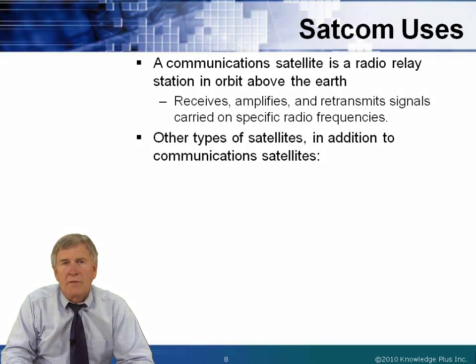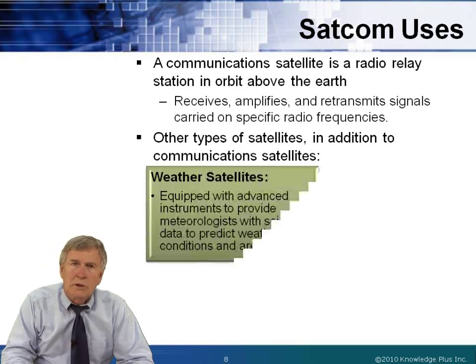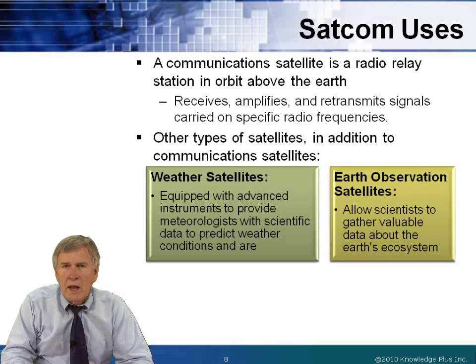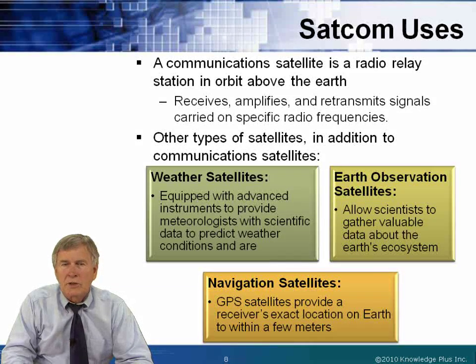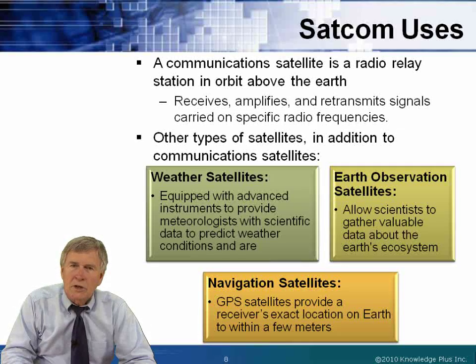So it's just a relay device, a very expensive, very sophisticated relay device nonetheless. Other types of satellites, in addition to communications, are weather observation satellites, Earth observation satellites, and one that we're all familiar with, navigation satellites, such as the Global Positioning System.